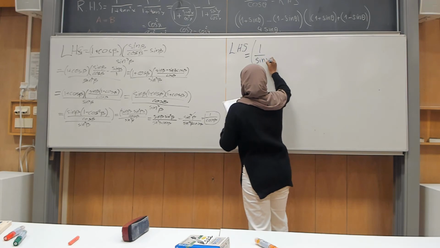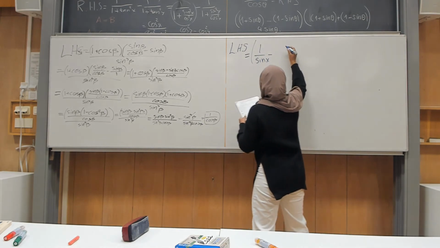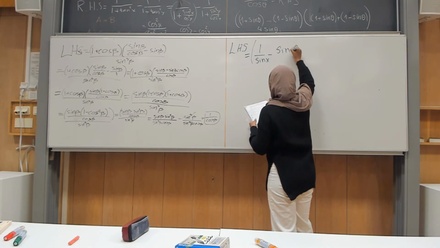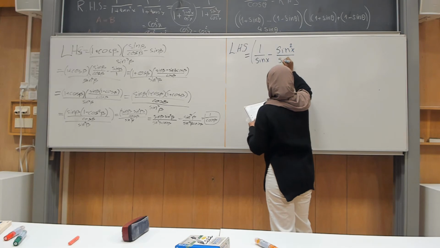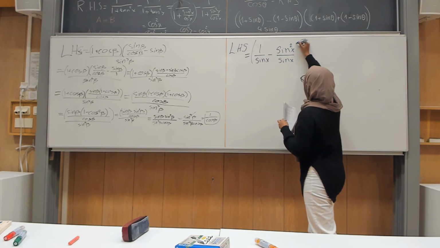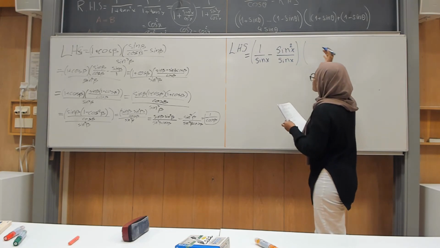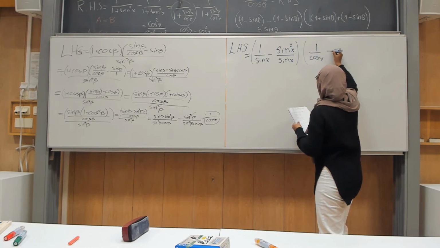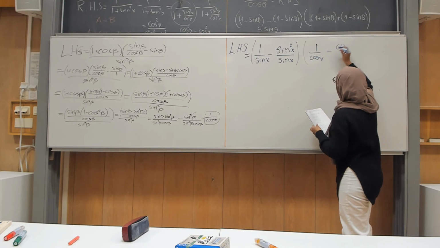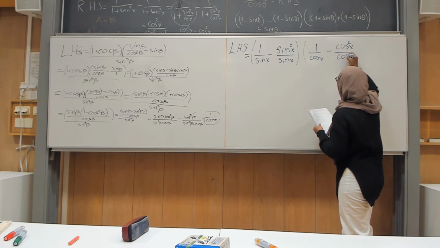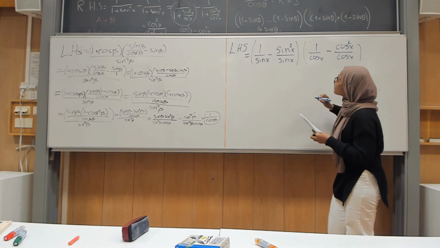So 1 over sine x minus, now I change sine x to sine x squared over sine x, because I want the denominators to be the same. Brackets, and I do the same with the other bracket. So 1 over cosine x minus cosine x squared over cosine x, brackets close.